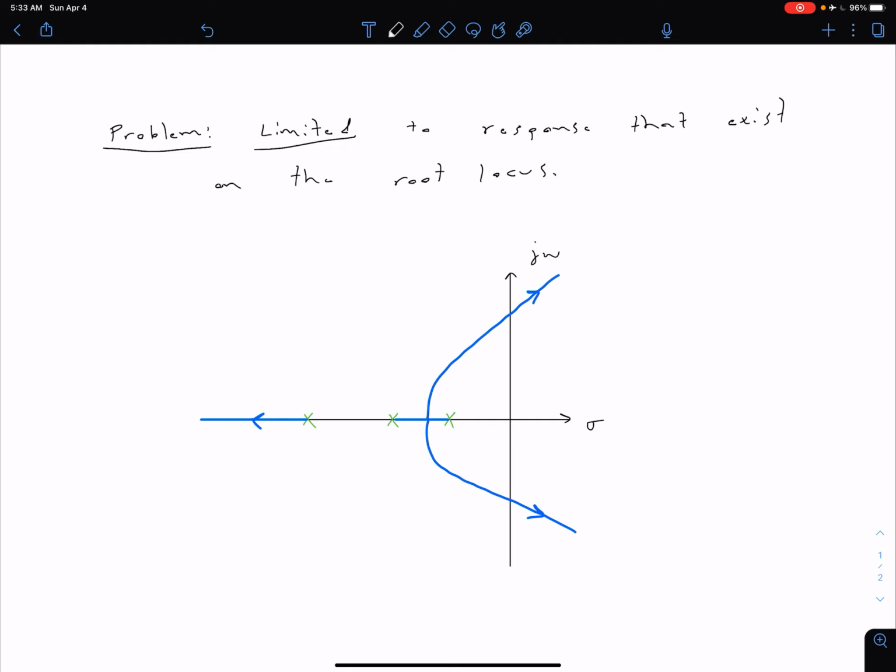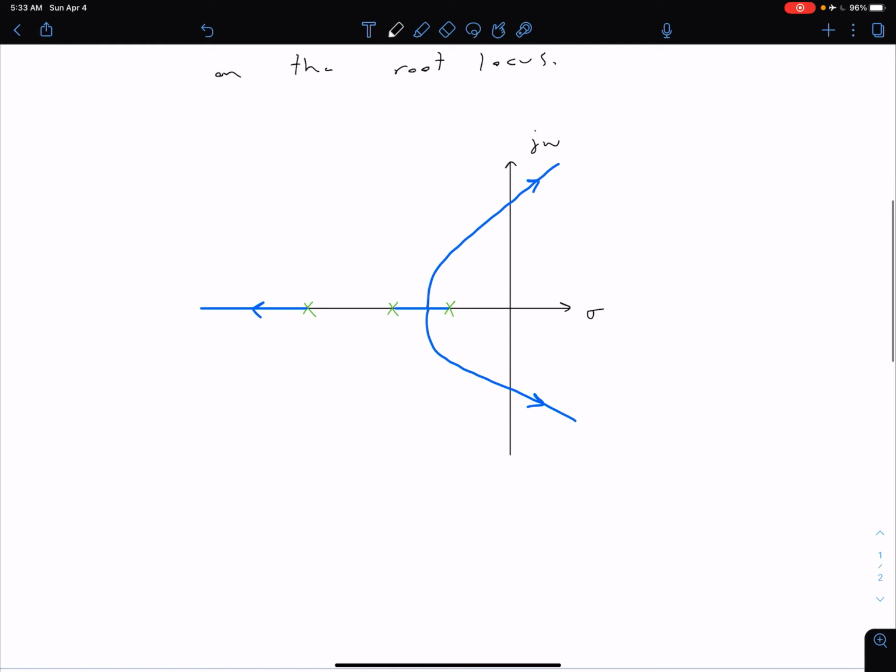Let's say we want to have some system with a certain percent overshoot and a certain settling time. So we want to design a system with some percent overshoot, let's call it percent overshoot sub 1, and we also want to have a certain settling time, TS1.